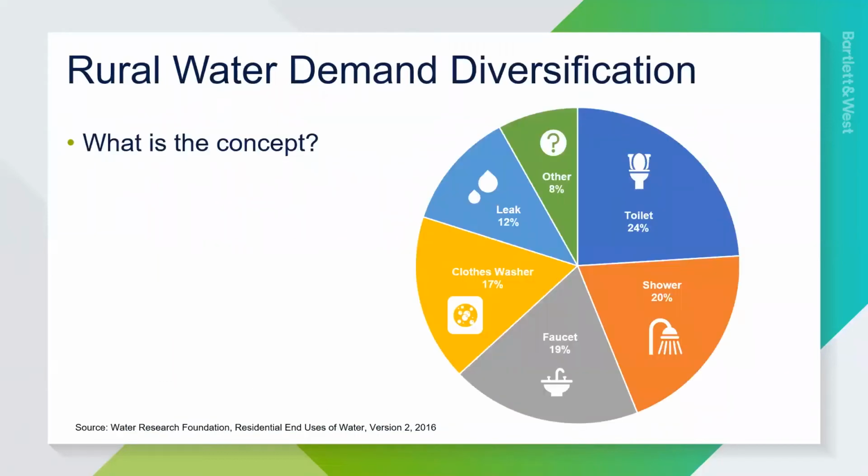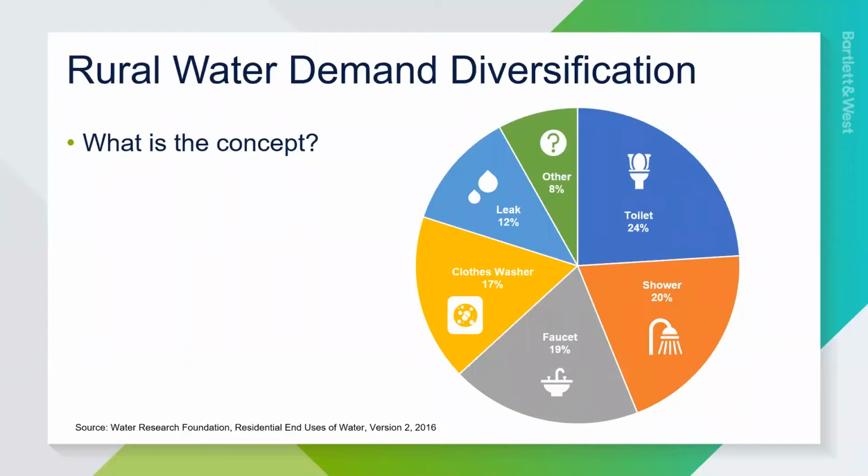So what is demand diversification? This really correlates well with thinking about a house, thinking about your home. This graph shows the primary residential end uses of water, and whether it may be a toilet, a shower, a faucet, clothes washer, or laundry, and other functions.